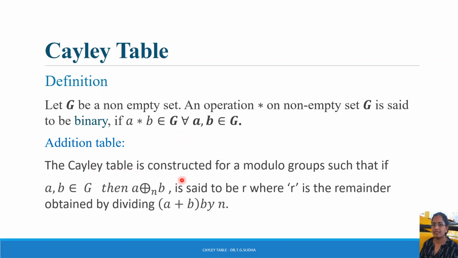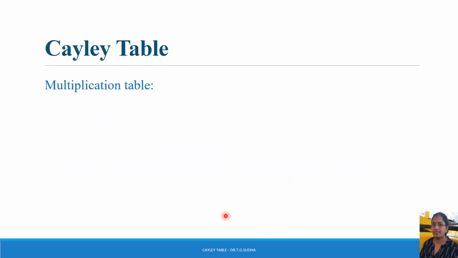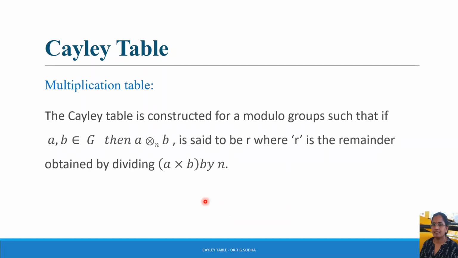A Cayley table is constructed for a modular group such that if A, B belong to G, then A addition modulo N B is said to be R, where R is the remainder obtained by dividing A plus B by N. Similarly, one can construct a multiplication table.